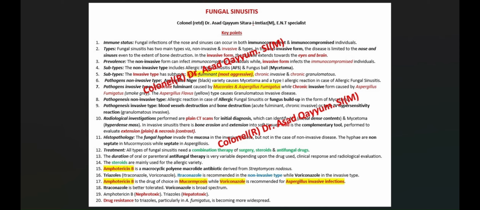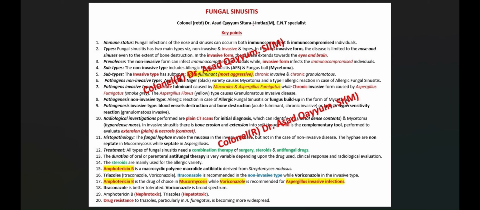What are the pathogens involved? Aspergillus niger. Niger means black. That variety causes mycetoma and a type 1 allergic reaction in case of allergic fungal sinusitis. In case of invasive type, the acute fulminant subtype is caused by mucorales and Aspergillus fumigatus, while chronic invasive form is caused by Aspergillus fumigatus.